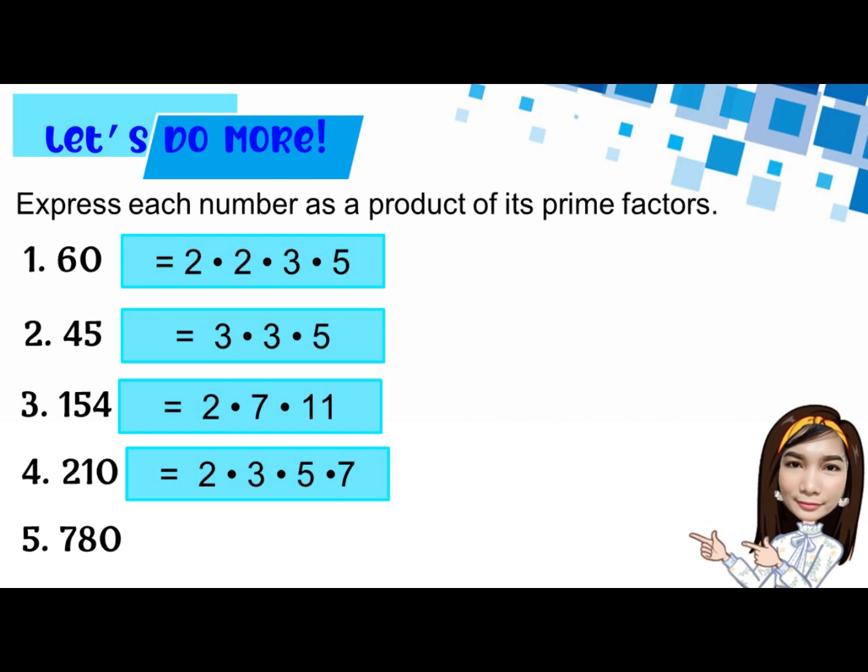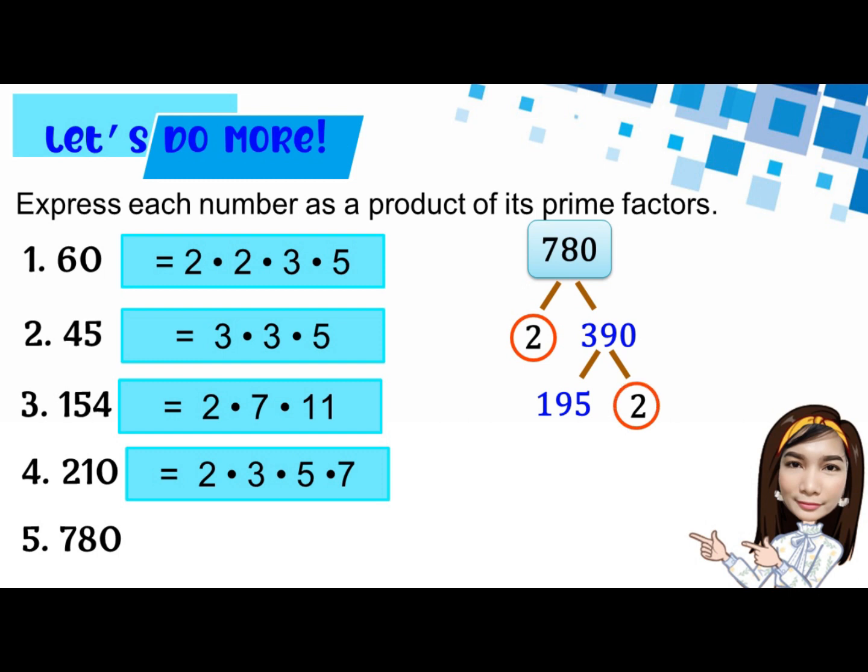And for the last, let's have 780. Let's use the factor tree. 780 can be factored by 2 times 390. Encircle the prime 2. 390 is a composite. Therefore, we can factor it by 195 times 2.